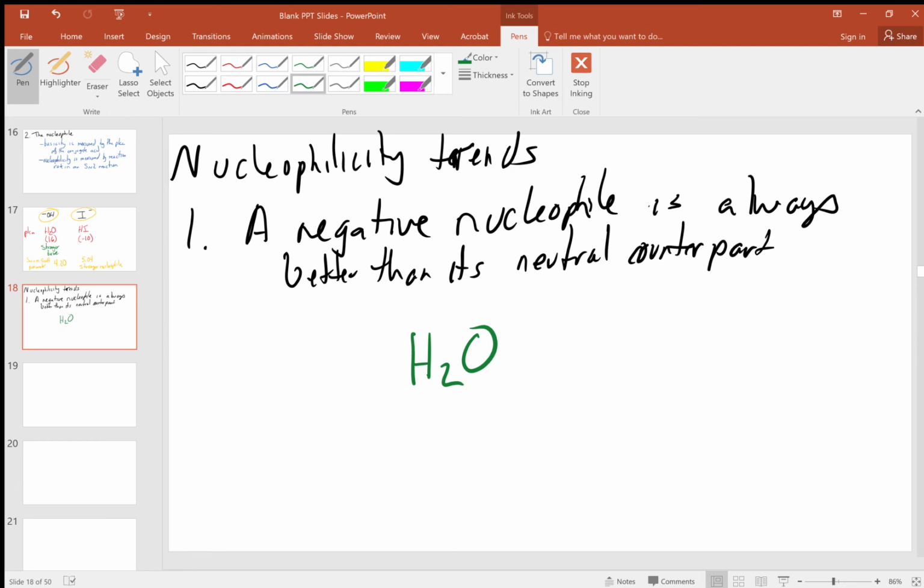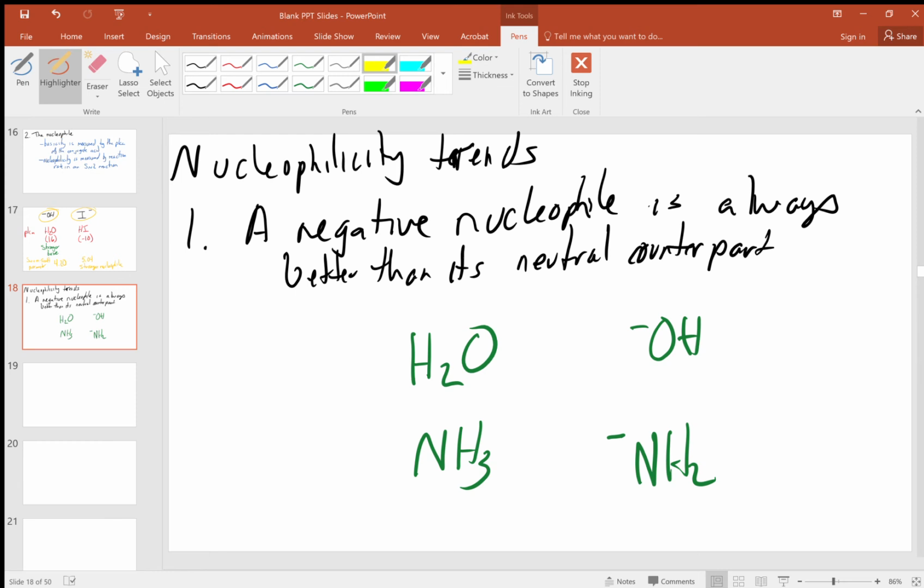We take away a hydrogen. So water is the neutral molecule, and its negative counterpart is hydroxide. Same thing, NH2 minus. Its neutral counterpart would be NH3.